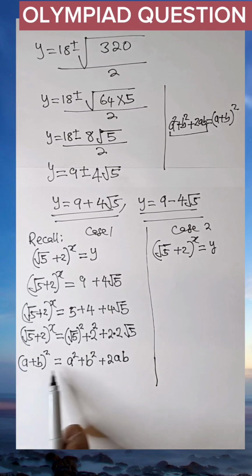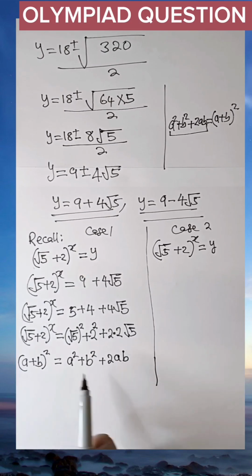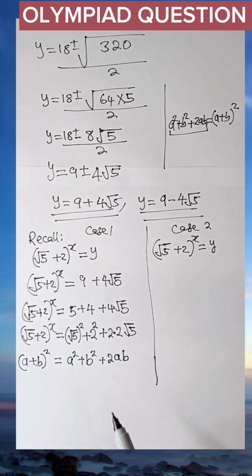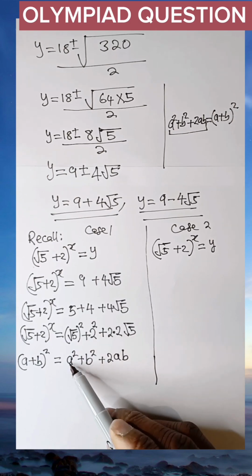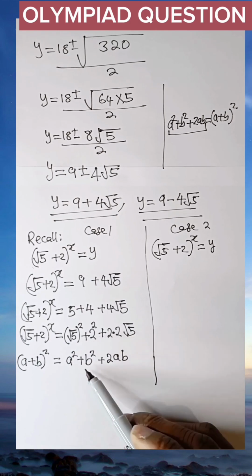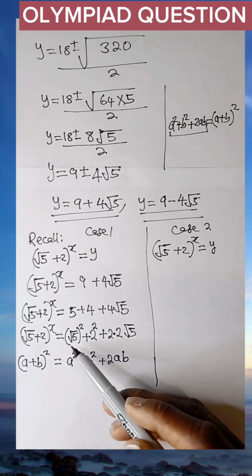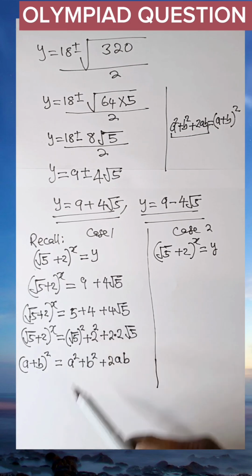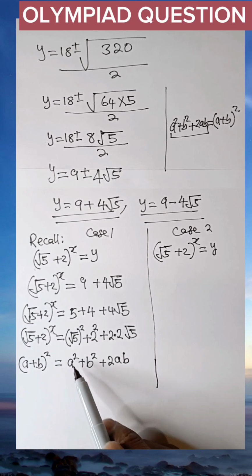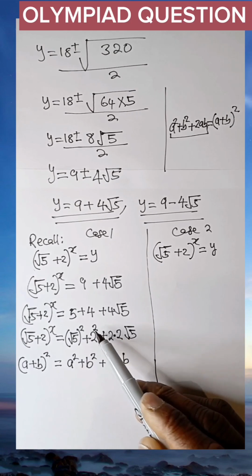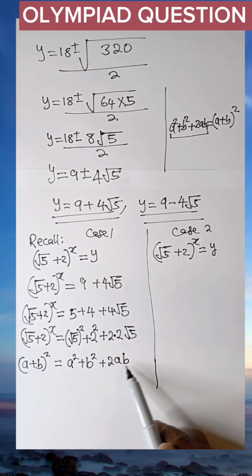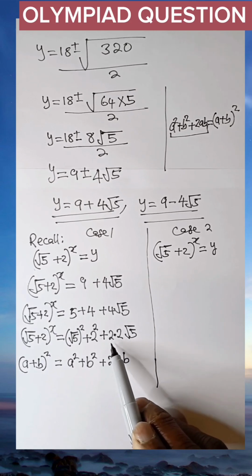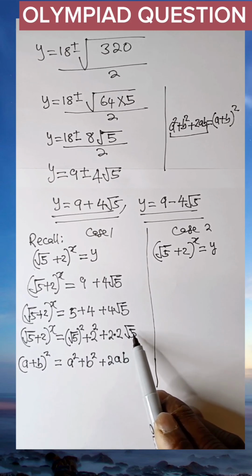If we compare this algebraic identity with our given equation, you will notice that the square root of 5 is represented by a, while 2 is represented by b. Here we have the square root of 5 squared, which is the same form as a squared. And here we have 2 squared, which is also in the same form as b squared. And here we have 2ab, which is also in the same form as 2 times the square root of 5.